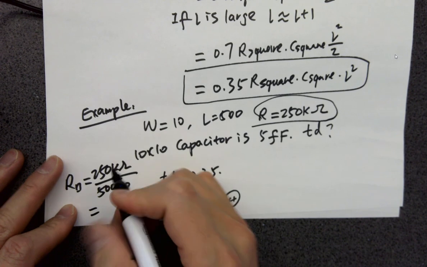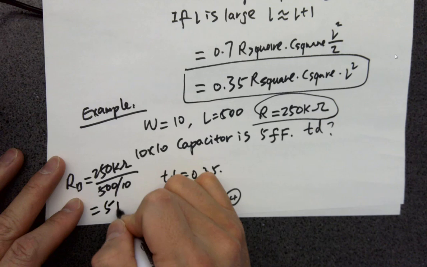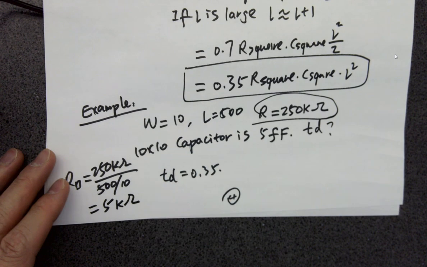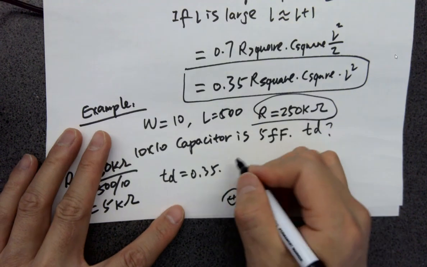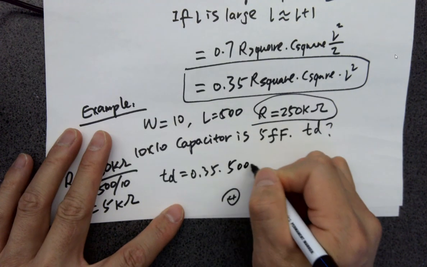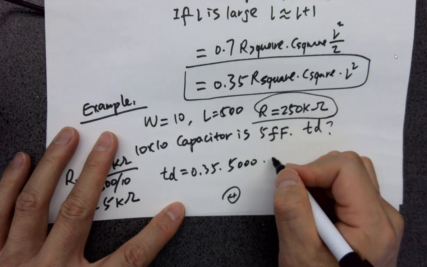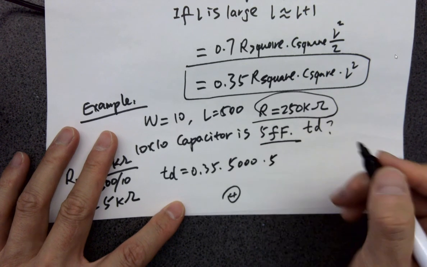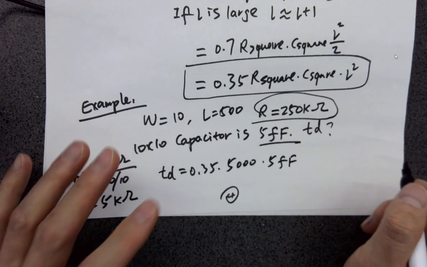Eventually, every square is going to be 5 kilo ohms, right? So this becomes this times 5,000 times C square, which is given as 5 femtofarads. Femto is 10 to the negative 15th, right?